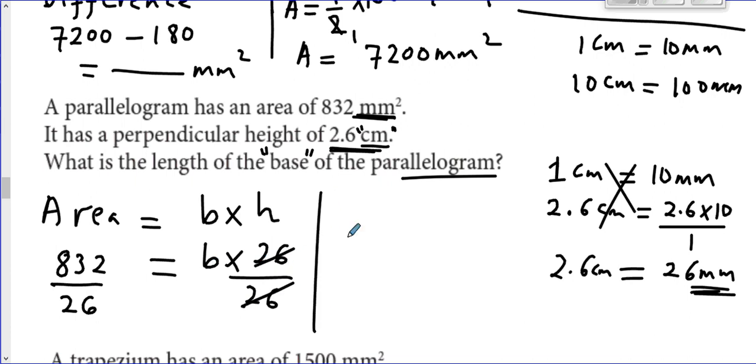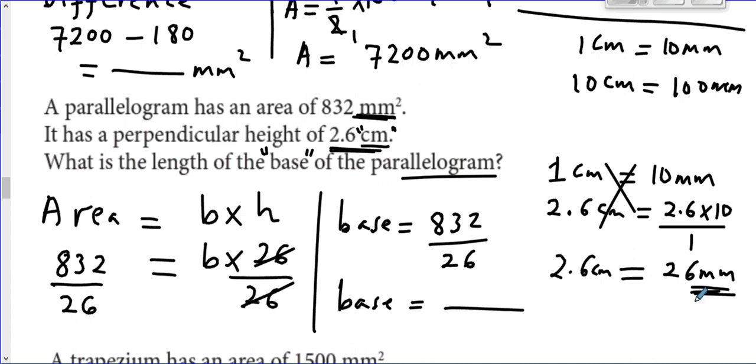So the b, which is the base, will be equal to this number, 832 divided by 26. So you can go ahead using a calculator, and then you're going to get base will be equal to dash, so you have to finish that, dash millimeter, because remember we have changed centimeters into millimeters. So you can help me finish that.